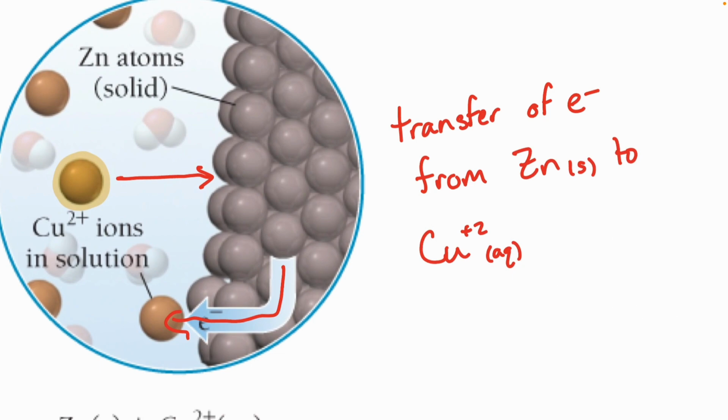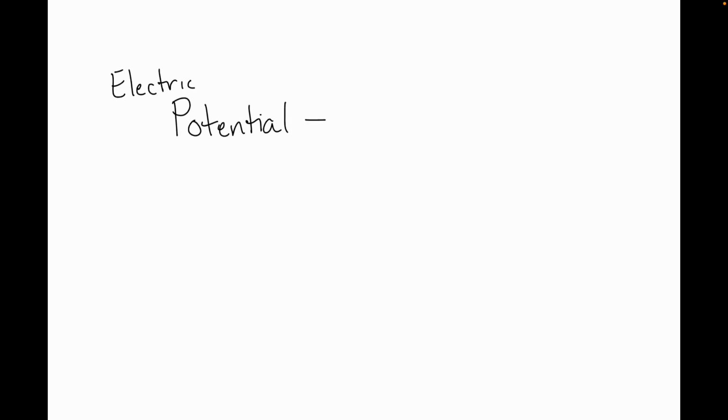So why is copper able to take these electrons from zinc? Each element, or more specifically, each half reaction has what's called a potential, an electric potential. How we're going to think about this potential is it's this pull of electrons.